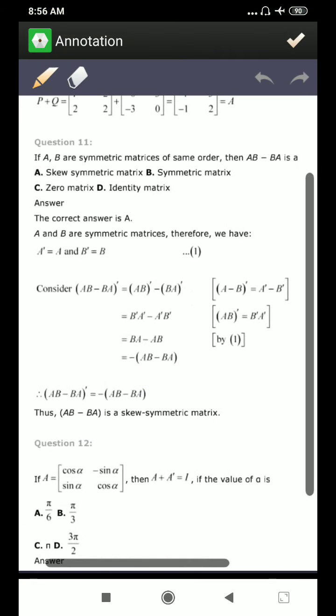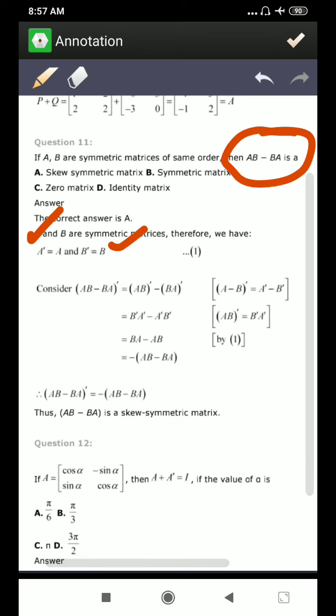Now you have to check about this matrix, whether this is symmetric, skew symmetric or whatever. So to check it, we'll take transpose of this. To know about a matrix, whether it is symmetric or skew symmetric, we always take transpose of that. So we have taken AB minus BA whole transpose.